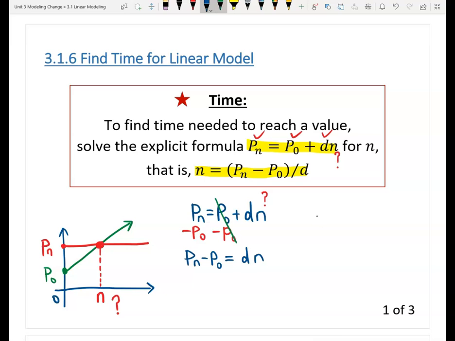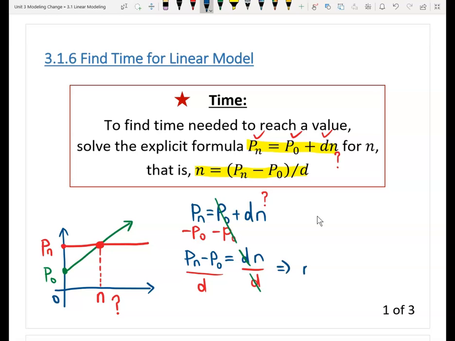Now what do we do? Of course, we don't need the d, so we divide by d on the right and divide by d on the left. Then we can cancel this d. See what we get? We get the formula that we need.